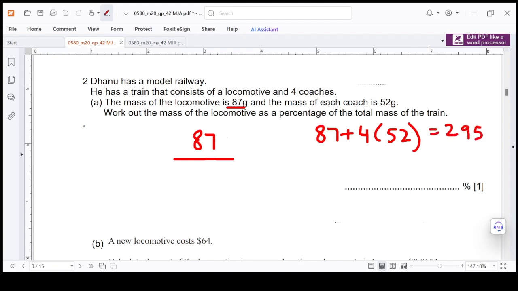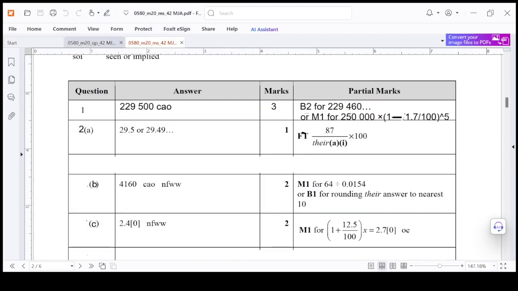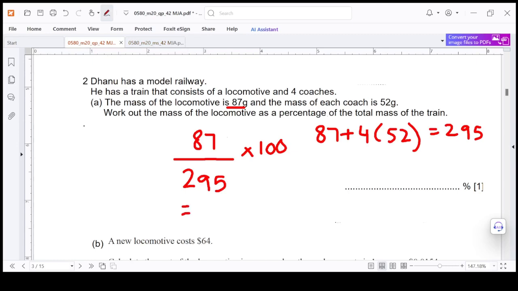So the total train weighs 295 and the percentage is going to be found like this. Getting 28.5 after rounding. Let's check here. Yes, it is correct. So first I'll write down the unrounded answer, 28.4745.